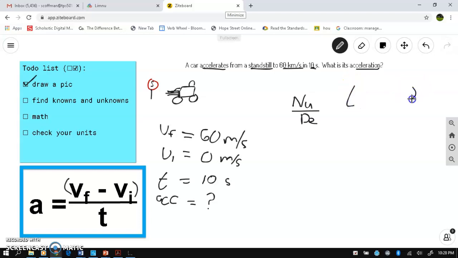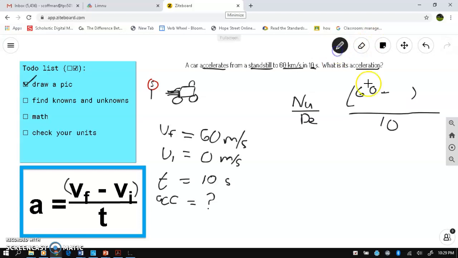Parentheses, my velocity final is 60. My velocity initial is 0. And that's all over a duration of 10 seconds. Please be very careful. Don't do 60 divided by 10. Excuse me, Miss Kaufman really messed up.